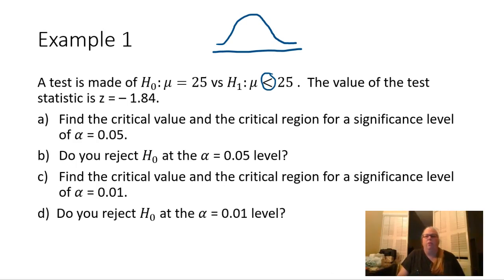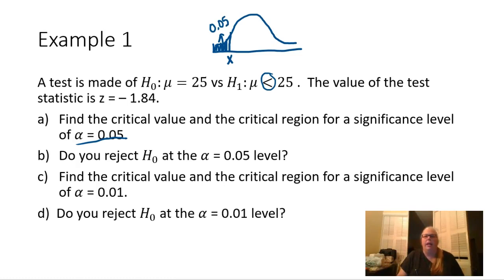Now, we are looking for the place where the area is equal to 0.05. So I'm trying to figure out what this number is right here, and it will be a z-score, so that the area in here is going to be 0.05.